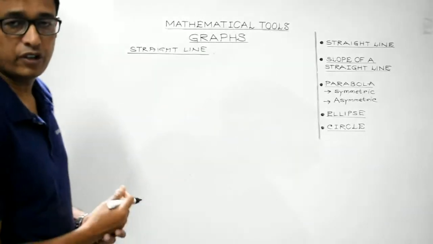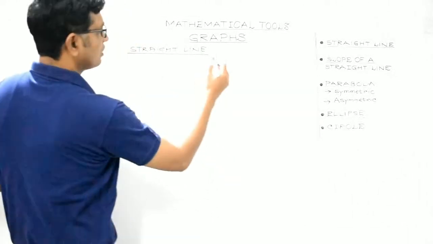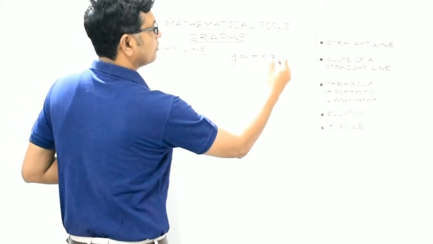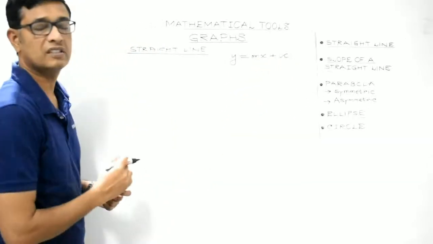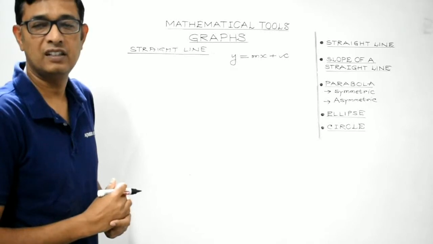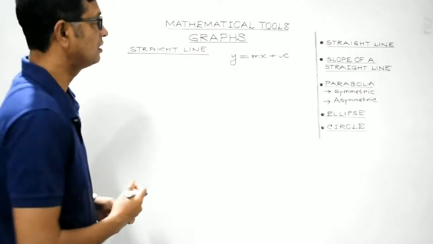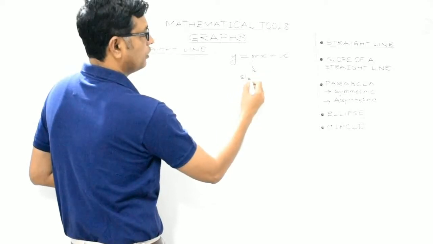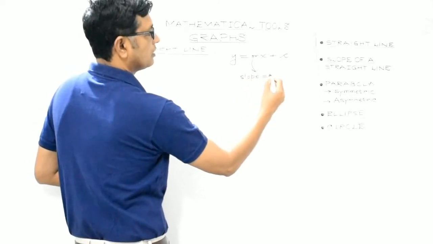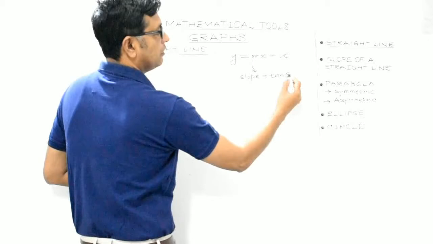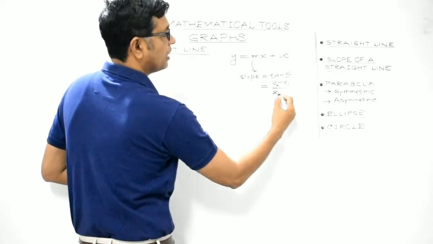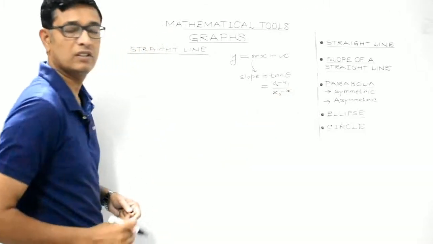The standard equation of a straight line is, students, y is equal to mx plus c. This is the standard equation of a straight line. x and y are the variables. m is known as the slope, and it is equal to tan theta, which in turn is equal to, we'll prove it, (y2 minus y1) divided by (x2 minus x1).